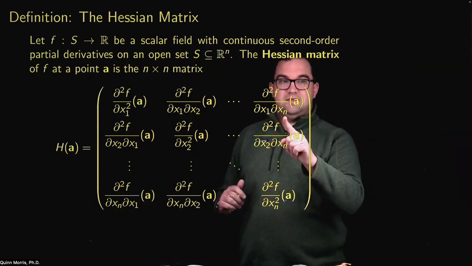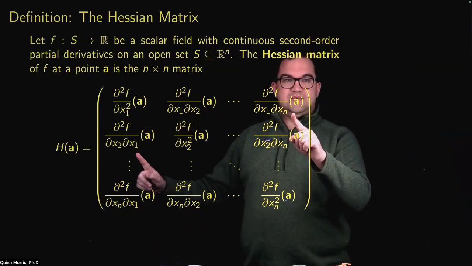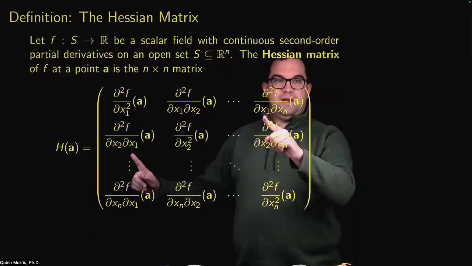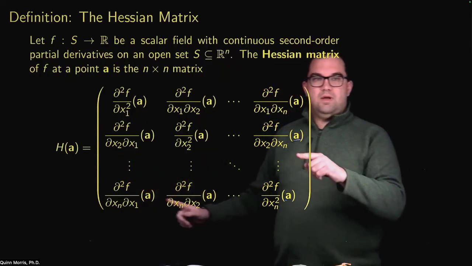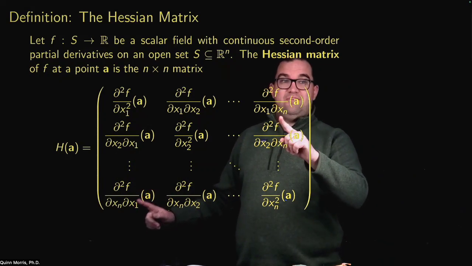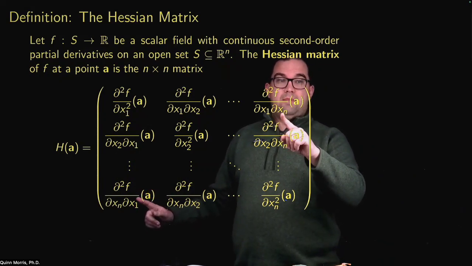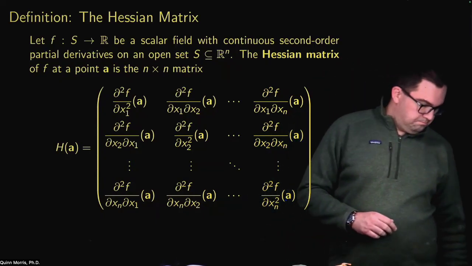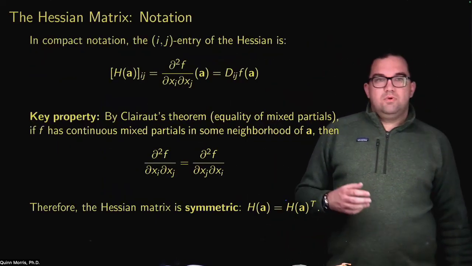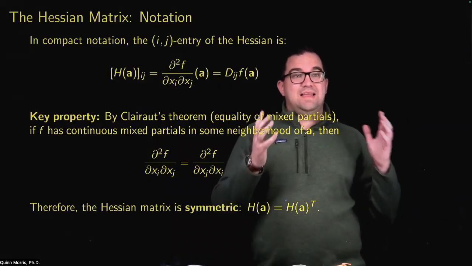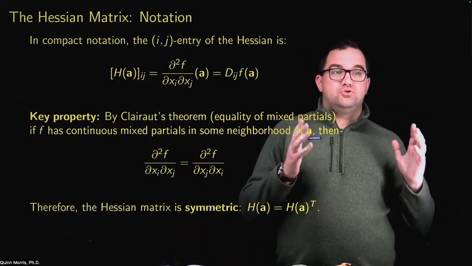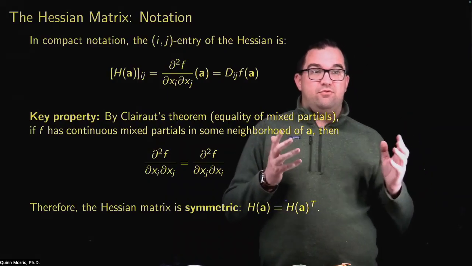Of course, this mixed partial will not be equal to this mixed partial, because this is with respect to x1 and xn, and this is with respect to x2 and x1. But mixed partials with respect to the same variables, regardless of the order, by Clairaut's theorem will be equal to each other.